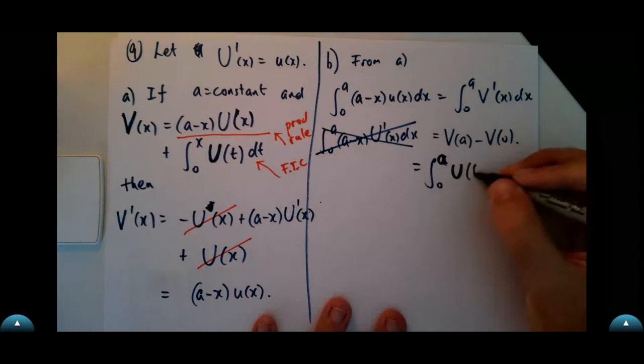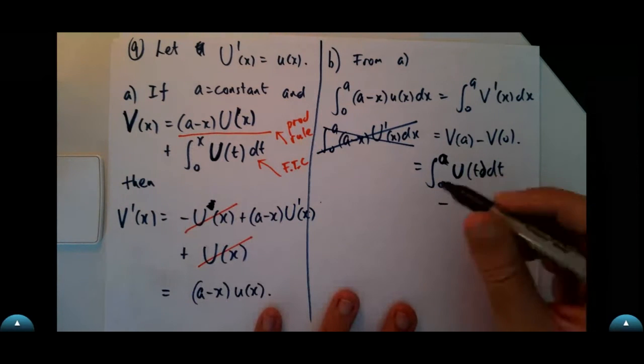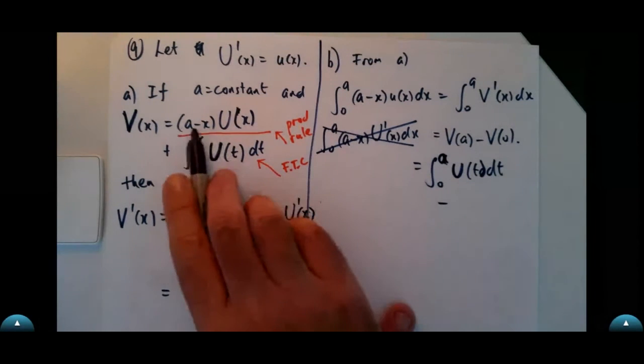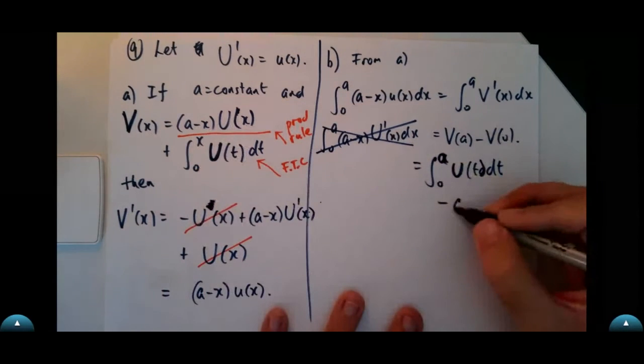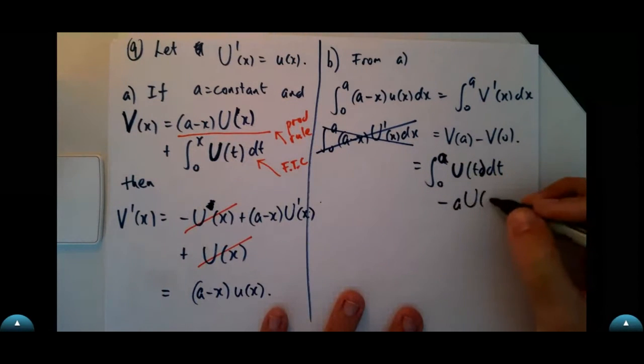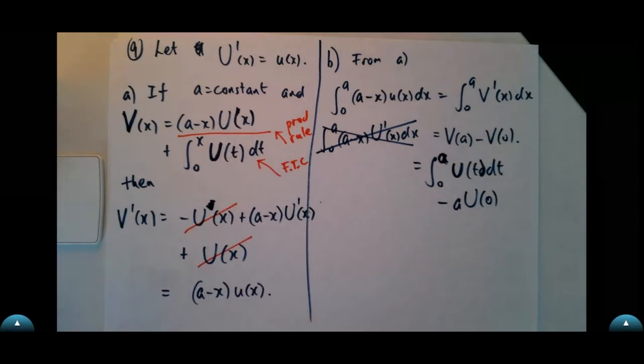That's U. And what is V of 0? Well, X is going to be 0 here, so A minus 0 times big U of 0. And this second thing is going to be 0.